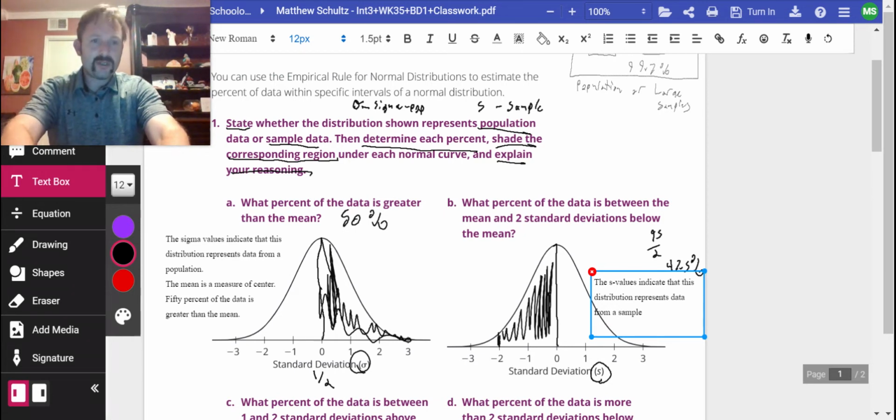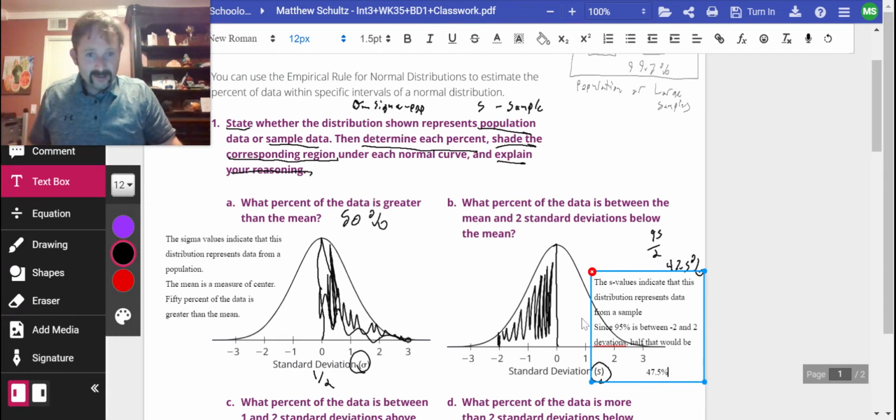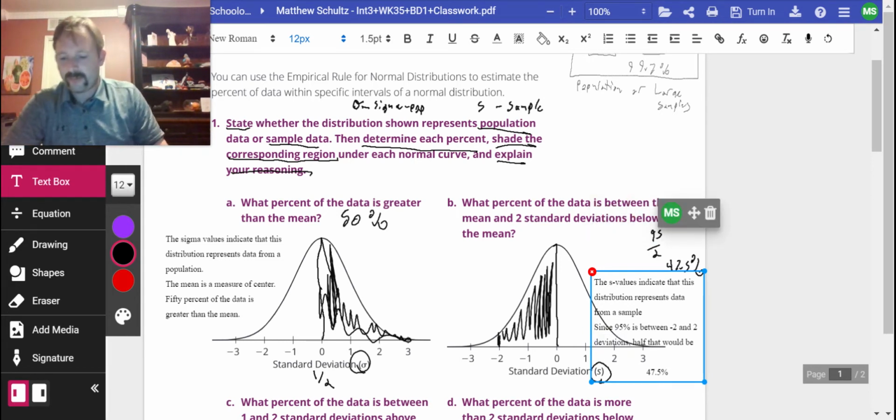Furthermore, since 95% is between -2 and 2 deviations, half of that would be 47.5%. Let's fix that. Deviations, there we go. All right, let's go on.